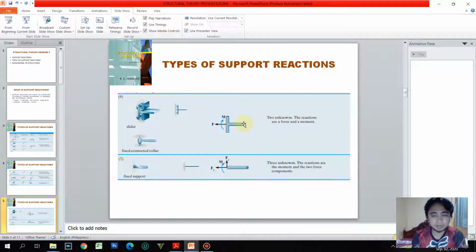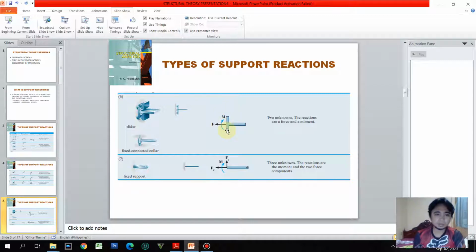Basically, if this is the member and this is the wall, the reaction is again perpendicular to the surface, but it is free to move up and down, and it is allowed to rotate.